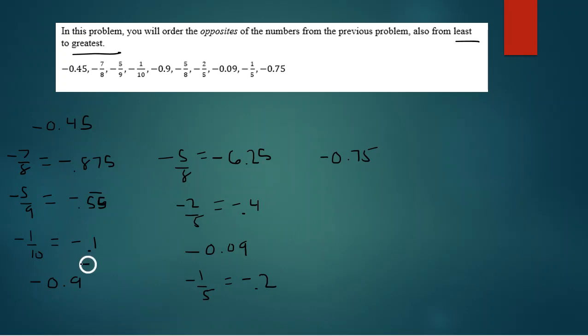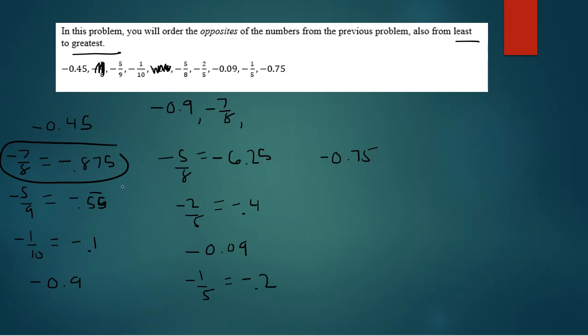Okay, so this one right here, the negative 0.09, the negative 0.9, that one is our very smallest value that we have. Okay, so even though it's our biggest number, because it's negative, it is our smallest value. Okay, then we are going to have our negative 0.875, which the fraction for that was the negative 7/8.